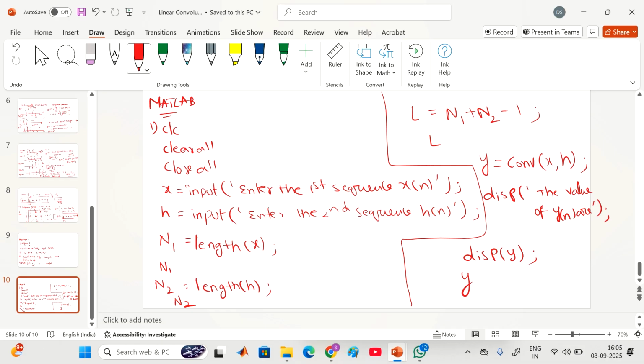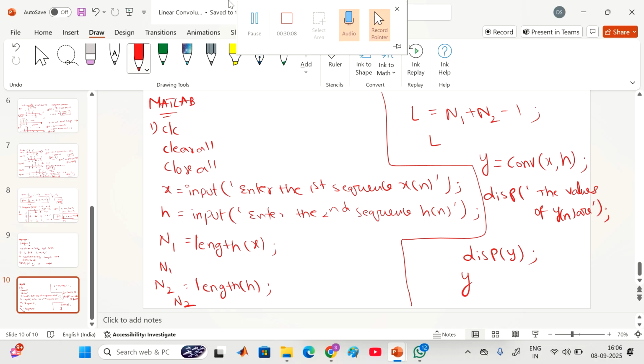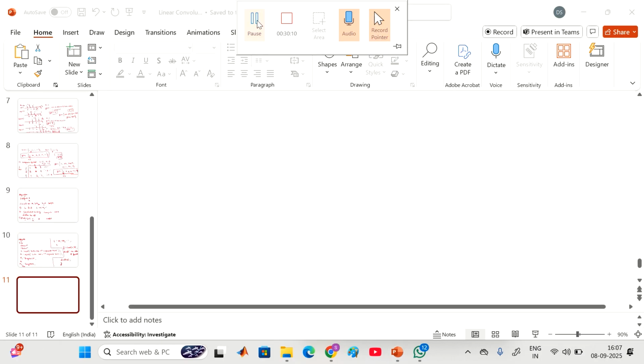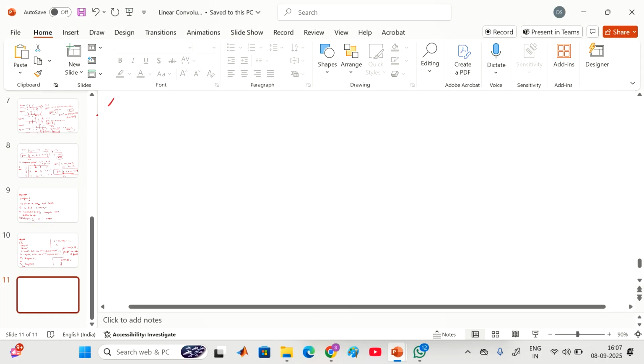Whether you directly write y, or first display the values of y of n are, then display y. Then we have only the last section, which is plotting. So plotting of the first input sequence x, then h and then y.